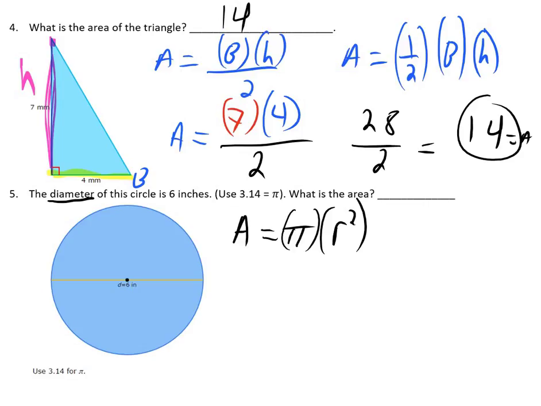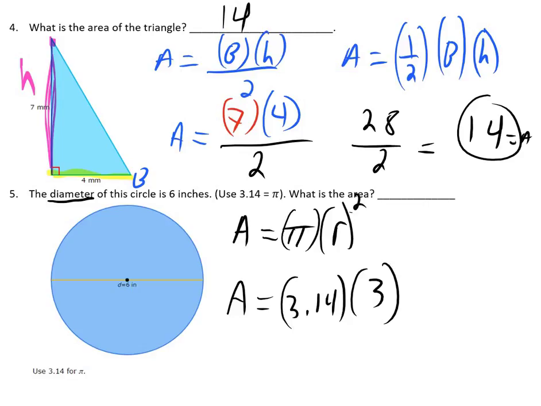I gave you the diameter. So area is going to equal pi, replaced by 3.14, and the radius, which is half of the diameter, is actually going to be 3. And then you have to have it squared. Technically I should have written it like this. There you are. So now we can just go ahead and work through this.